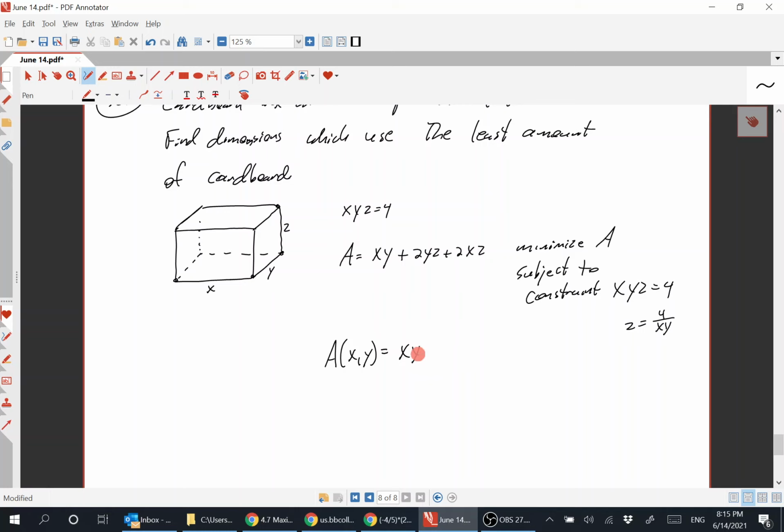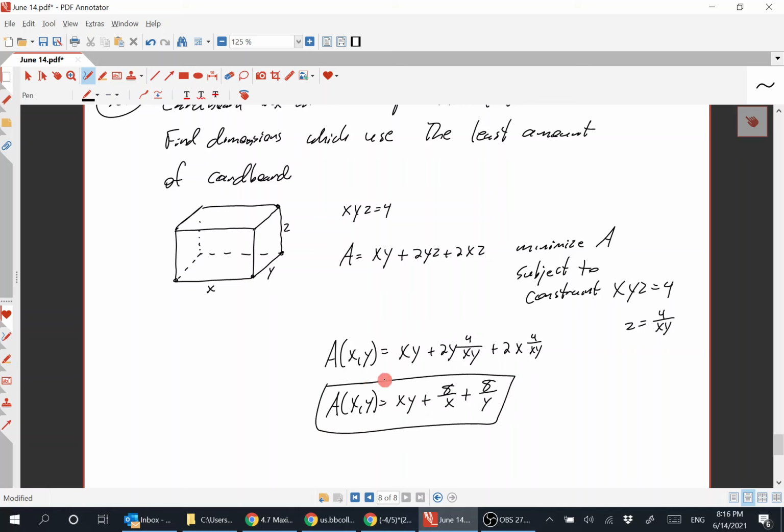So this is xy plus 2y times 4 over xy plus 2x times 4 over xy. So the surface area is xy plus 8 over x plus 8 over y. Right, so we want to minimize A subject to this constraint, so we're minimizing this function.